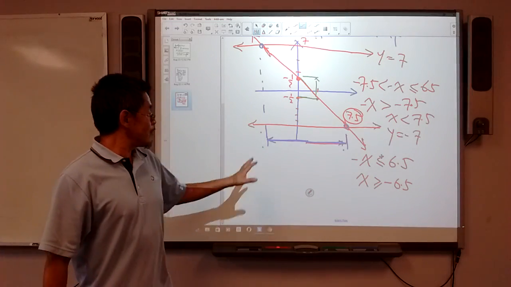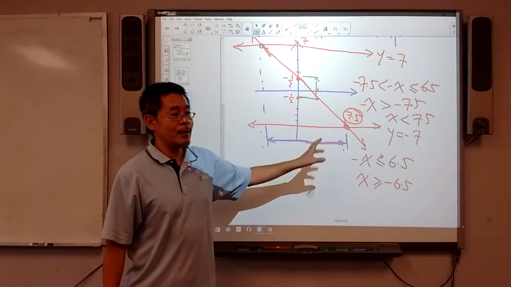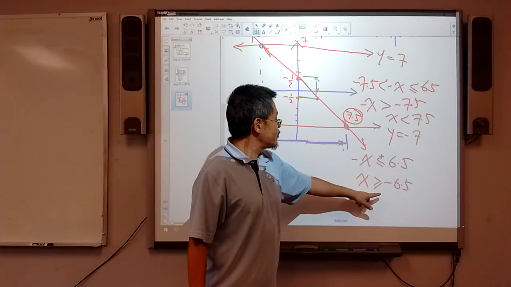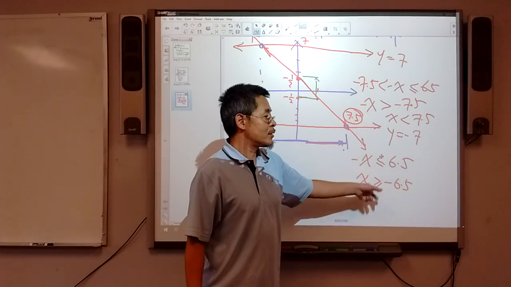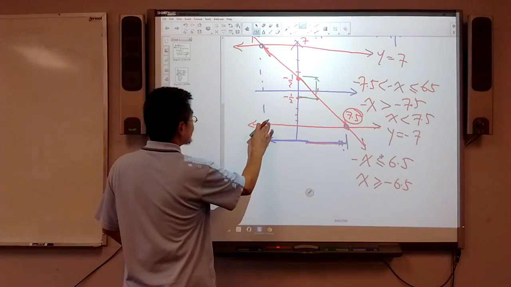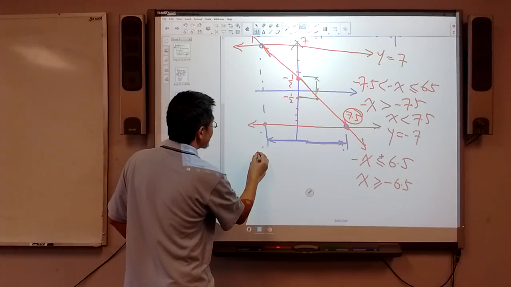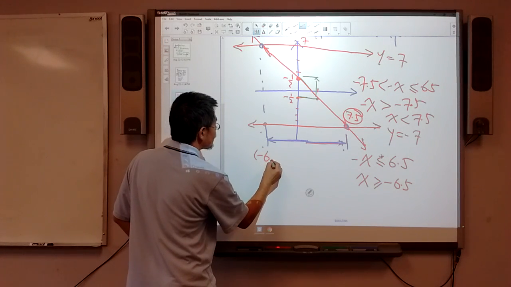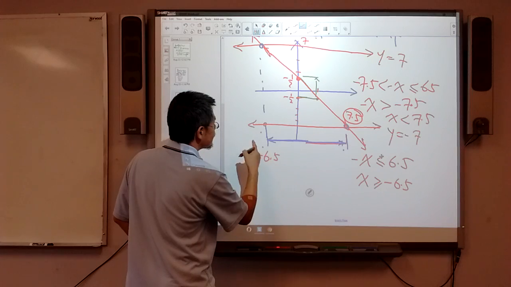So remember, we follow the rules, okay? There are rules for inequalities. When you multiply or divide by a negative, you have to flip the inequality sign. So what we got? This point then is negative 6.5, right? That point.